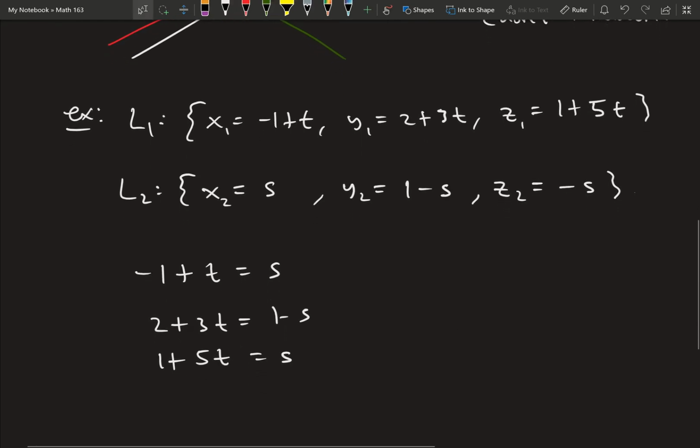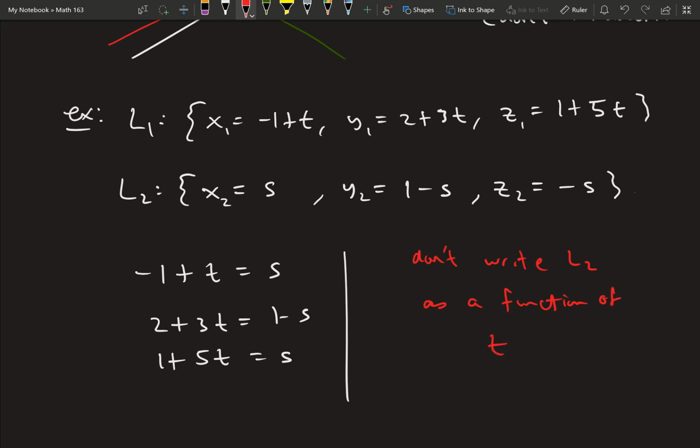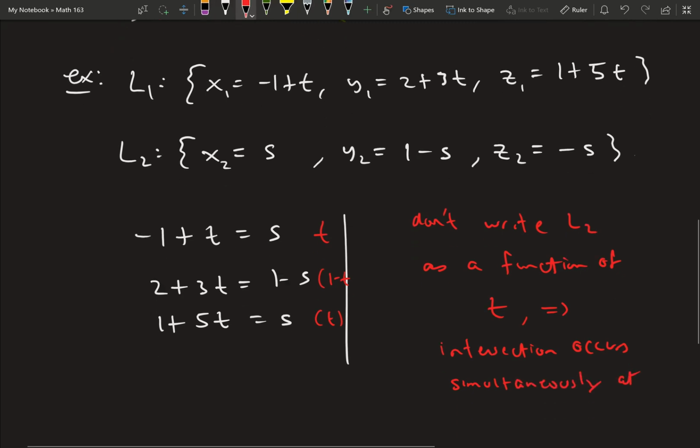The reason we don't write L2 as a function of t is that it would mean not only do these have to intersect, but they have to intersect at the same time, simultaneously at a single t value.